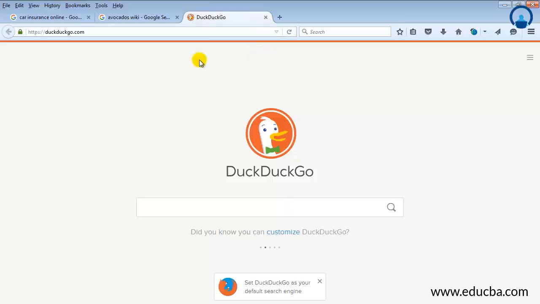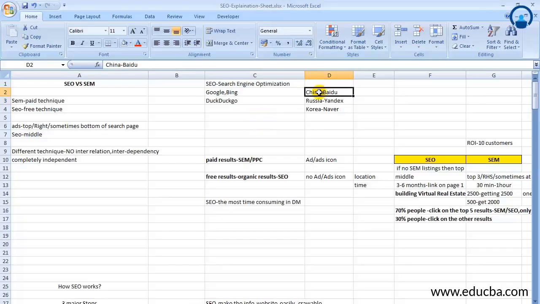Apart from it, while these are all global search engines used everywhere, there are also some local players which are very famous in a particular country or location. Like in China, there is a search engine named Baidu, which is very famous, and people do a lot of searches in Chinese language on Baidu.